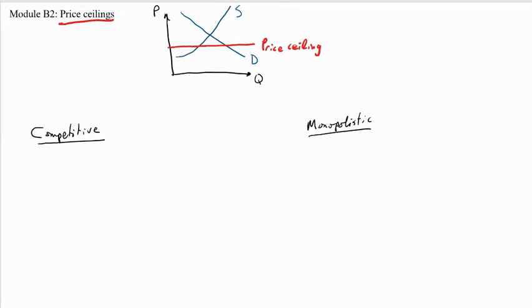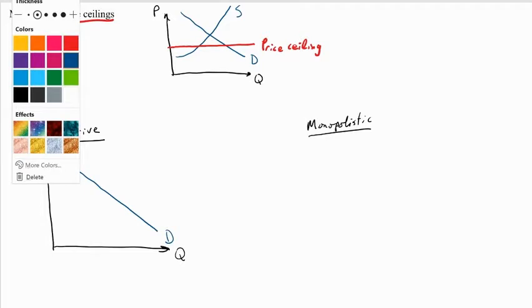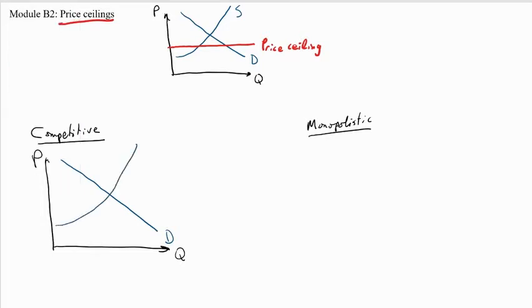With a competitive marketplace, let's start again with our standard setup, price and quantity axes. Let's add in our demand curve and an upward sloping supply curve. And let's add in our location for our price ceiling.